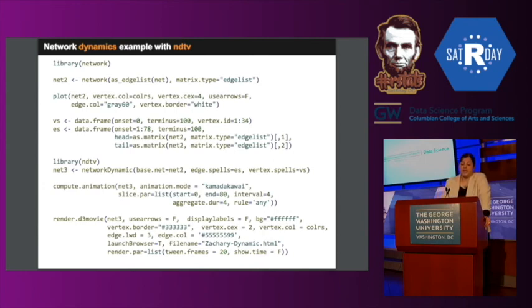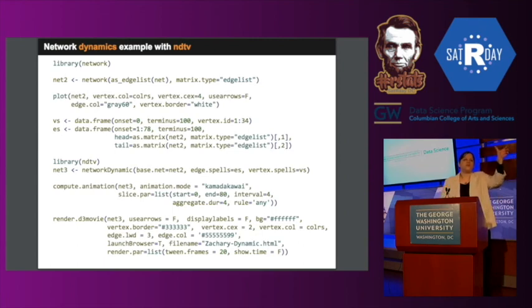The next couple of things that happen on the slide: we take the network, we give it a layout to use, and we tell it to start generating slices of time that it will stitch together to make an animation. So here we're saying we want an animation that starts at time point 0 and ends at time point 100. The interval is 4, which means we'll take 4 steps.